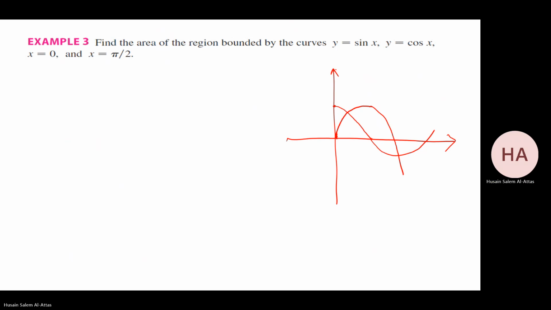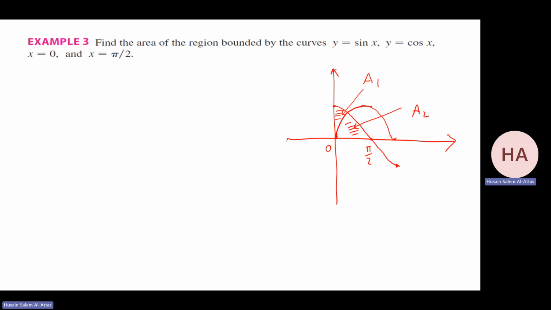This is pi, but cosine is minus 1. What I care about is only between 0 and pi over 2. This is 0, this is pi over 2. So I have this area and this area. I have two areas. Call this one A1, and this one A2.